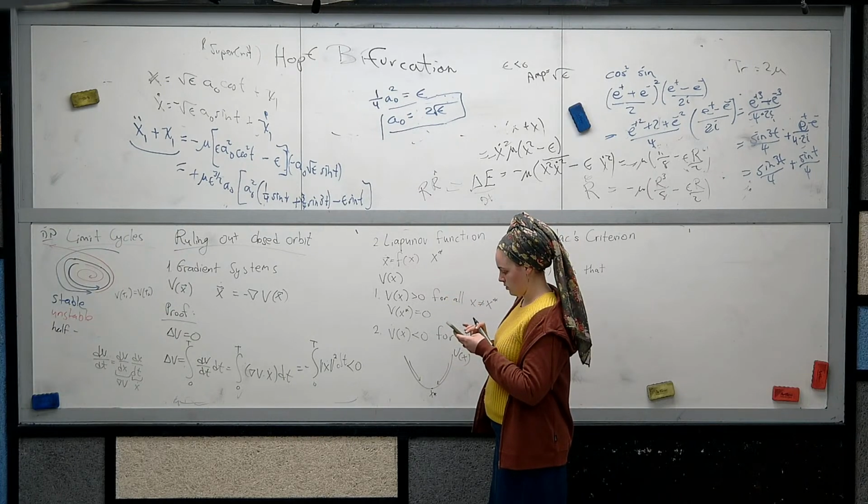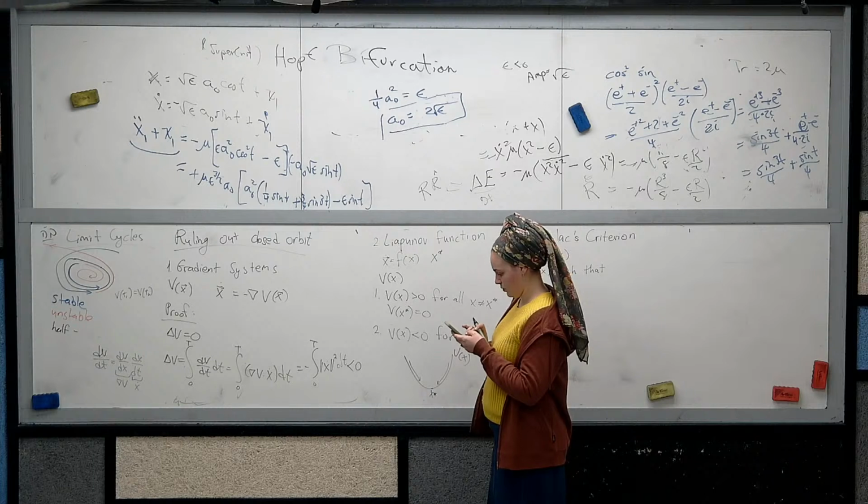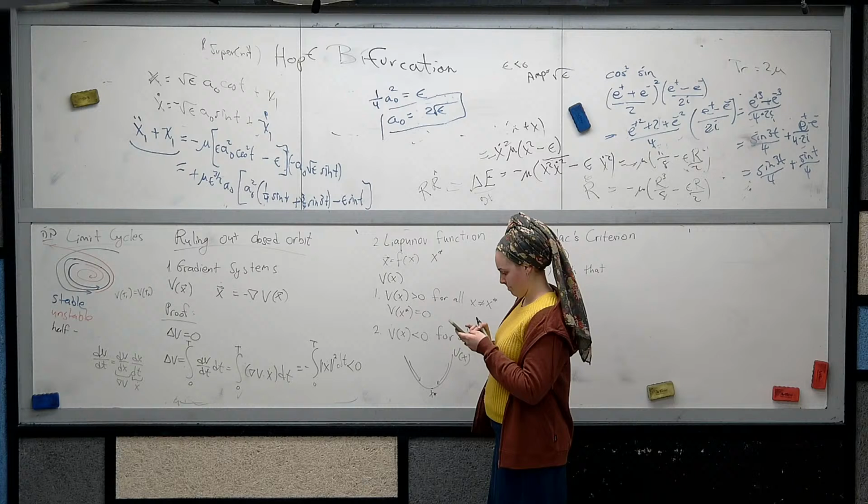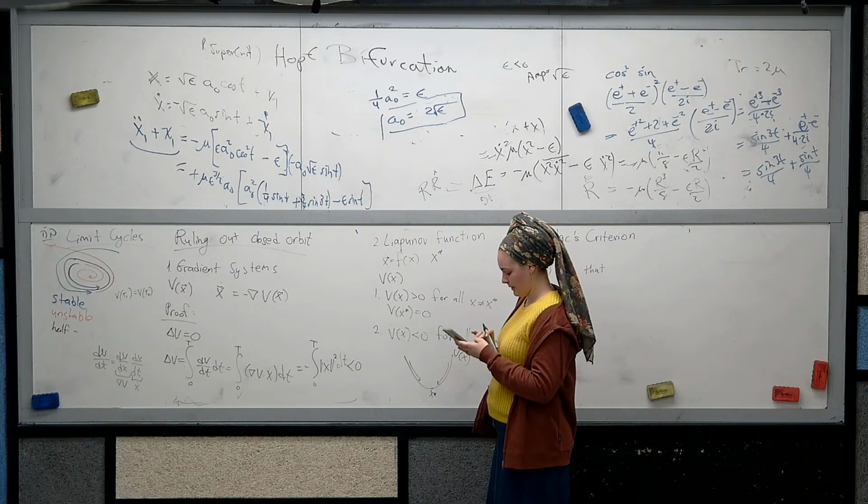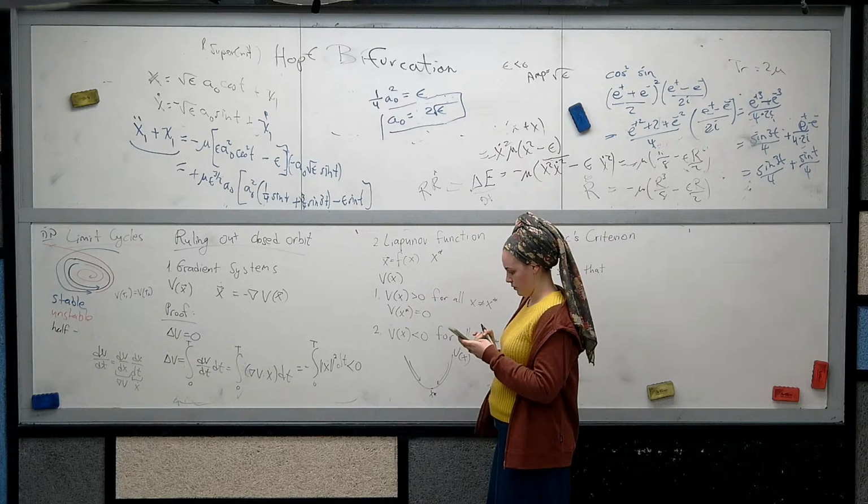I'm sorry, wait. f is like minus the gradient of V. Open the book because I'm not exactly sure. I think it should be, but just a minute.